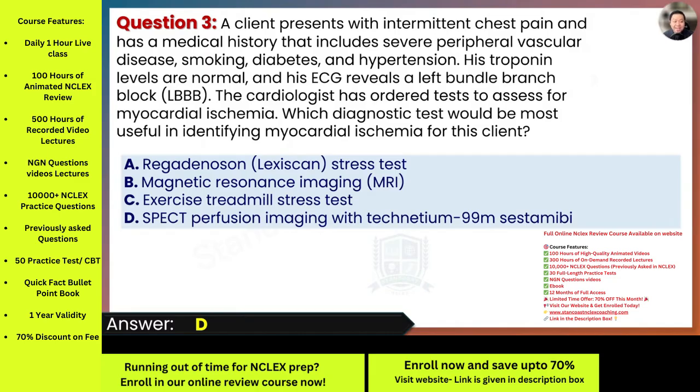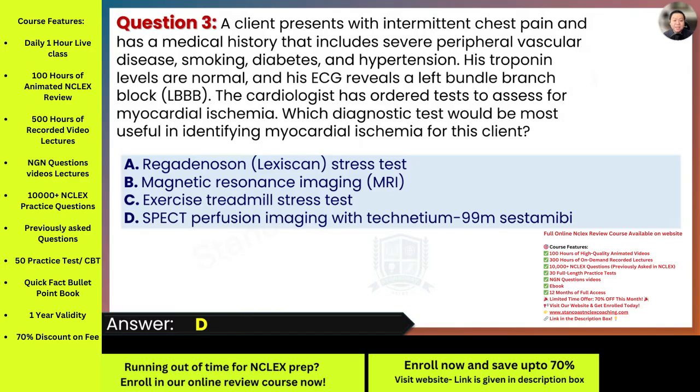The key clue to option D is that it can detect perfusion defects. It can also detect ischemia, and this is reliable despite the left bundle branch block. Now, what is SPECT? This is single photon emission computed tomography, which works by injecting a radioactive tracer that highlights the blood flow to the heart muscle.